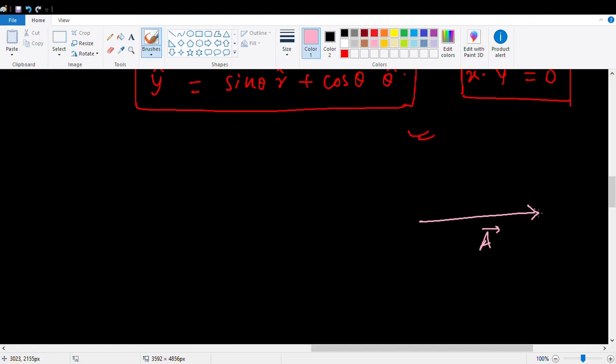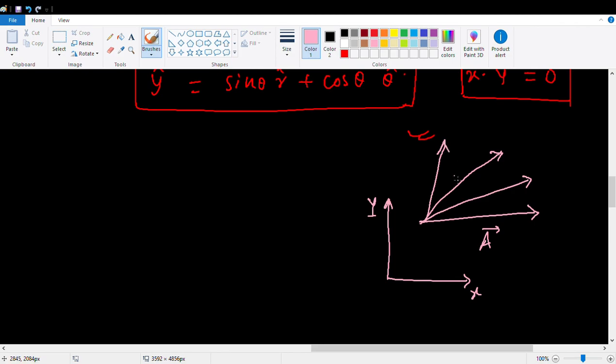Now how will it change? This is my coordinate system. I am assuming that your vector is fixed in length. What happens now? The freedom it has left is that it can only move like this. So what you can analyze is that the length is not changing, but the orientation is changing. So from here theta is increasing like this, and it will completely form a circle.